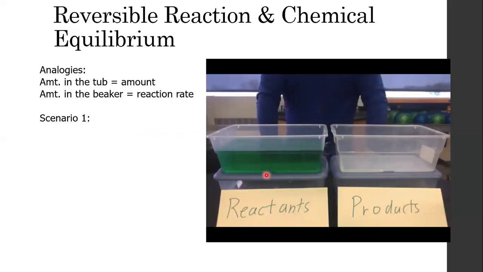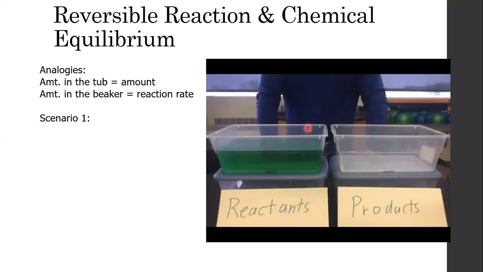Okay, so we'll be watching a video and you have to note that we have the following analogies. So you have two tubs with water, and you should relate the amount of water in the tub to the amount of reactant and the amount of product.